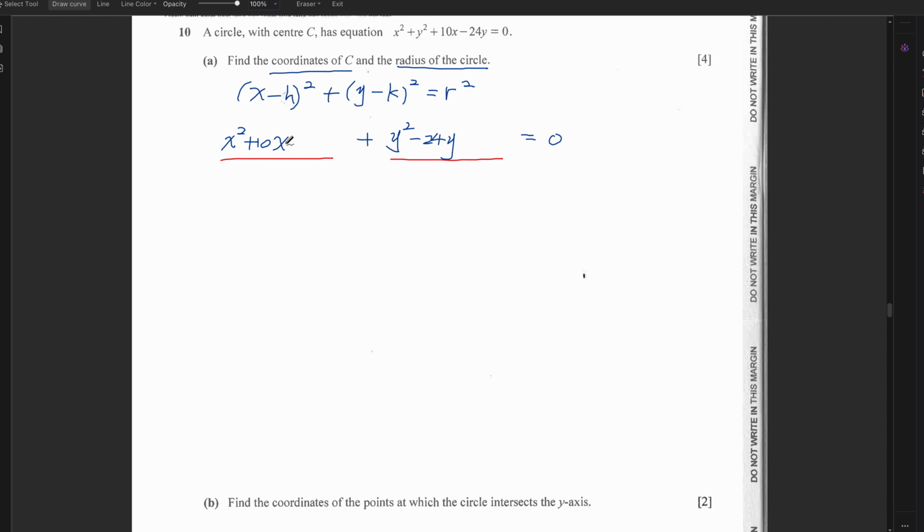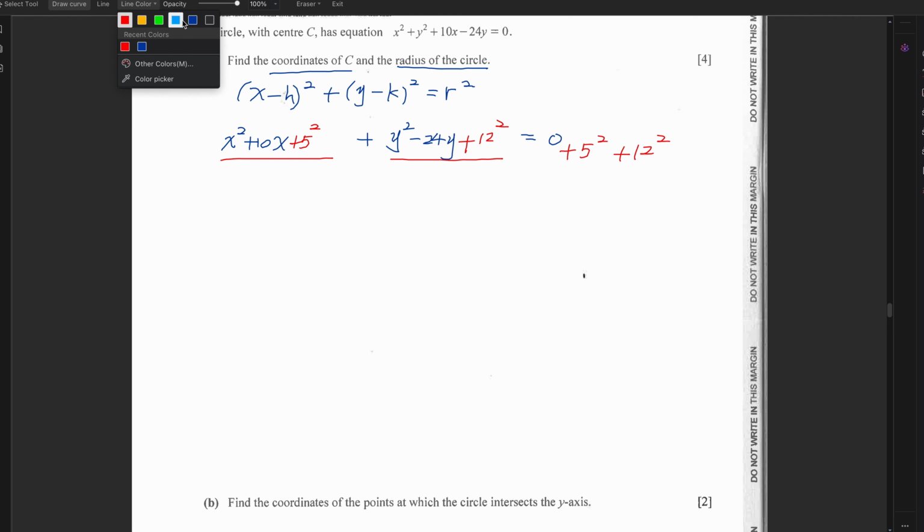For x, we need 10 divided by 2, which is 5. So I have to plus a 5² and minus a 5². If you plus a 5² here, we have to plus a 5² on the right. Then for y, 24 divided by 2 is 12, so we have to plus a 12² here and a 12² on the right.